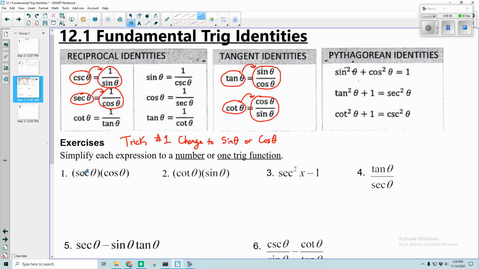How can I change secant so that it's written as sine or cosine? So I can come over to these 4 ones that I highlighted, and I can see here that secant can change into 1 divided by cosine. So that's exactly what I'm going to do. I'm going to rewrite it so that it's 1 divided by cosine of theta. I'm going to multiply this by cosine, okay?